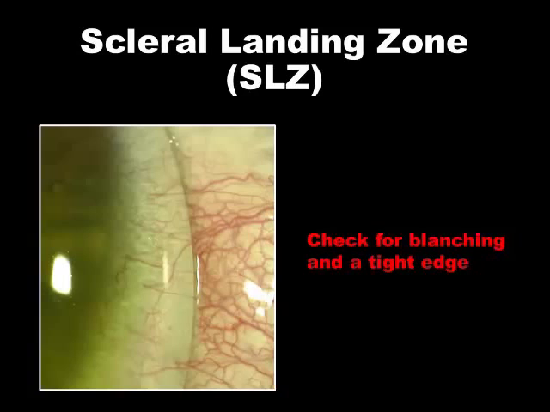So one of our principal observations after settling is to make sure that we don't see any blanching at the tip of the edge. If we do, we know we need to custom order a scleral landing zone -1 in mild cases, scleral landing zone -2 when the tightness of the edge is significant.